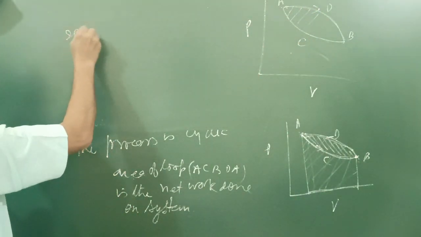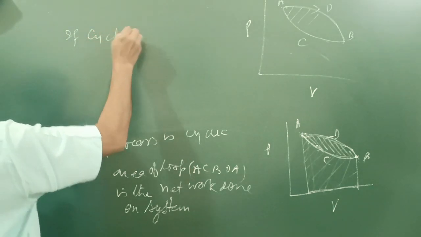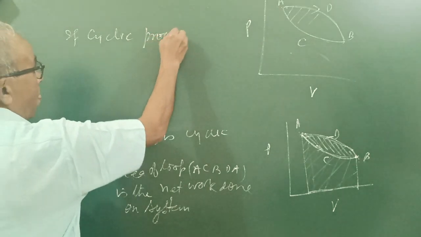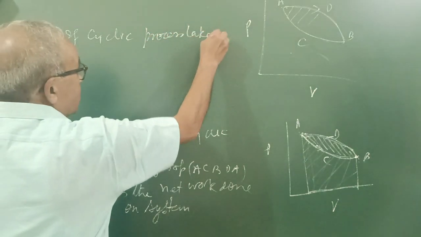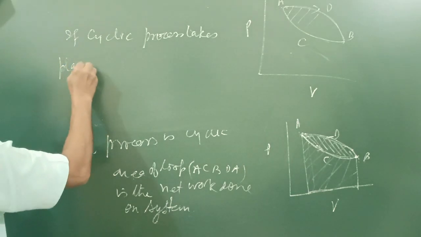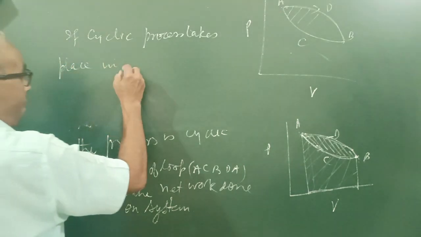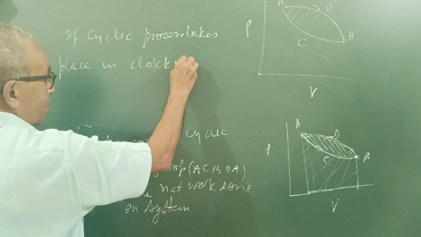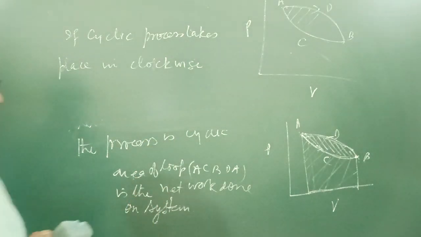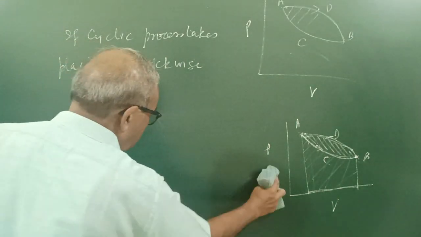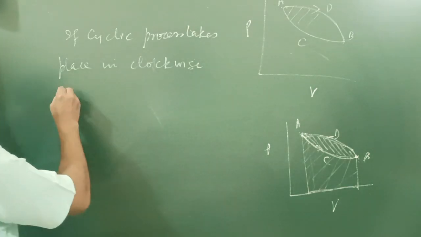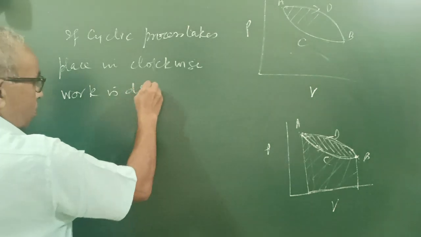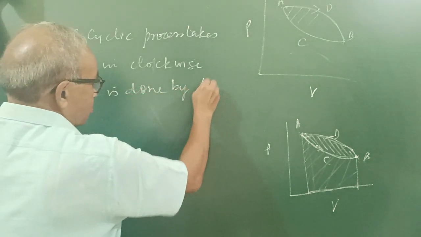So if a cyclic process takes place in a clockwise manner, the work is done by the system.